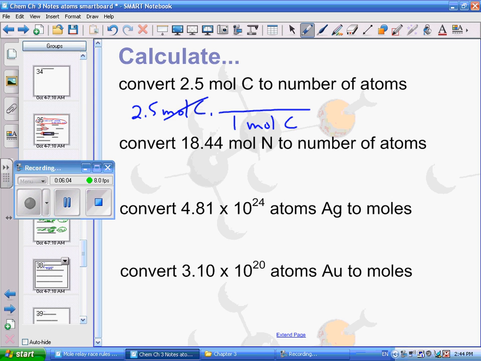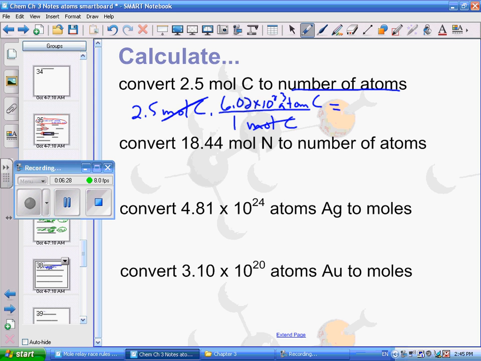Next, you're going to convert to number of atoms, so put atoms of carbon on top. Now, what number is always associated with atoms, molecules, or ions? And again, hopefully you're thinking 6.02 times 10 to the 23rd. So moles of carbon cancel, and in this case I'm going to multiply.